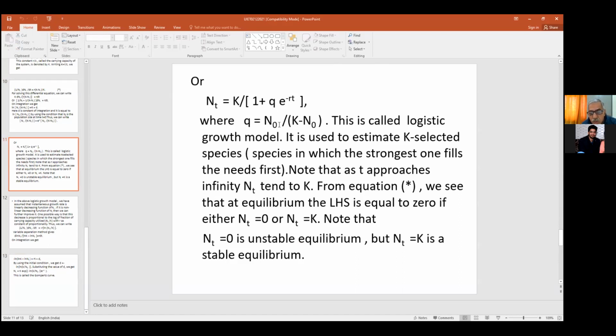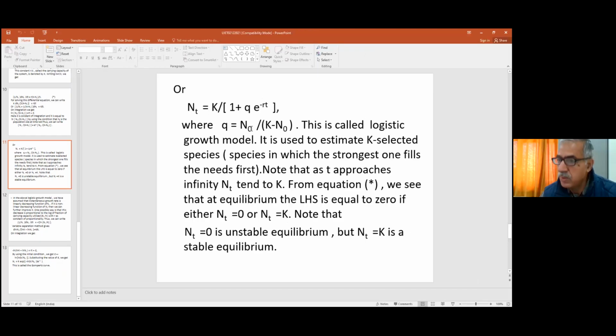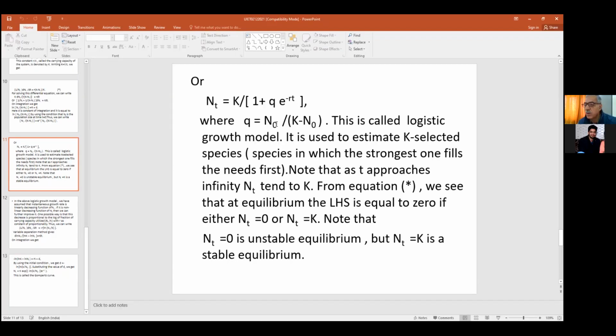Either you know the initial time point population size, that your starting year is N0, then N1, N2, N3, N4, N5 that you have to determine. Let us say the population size in 2015 is N0, in 16 is N1, then 17, 18, 19, 20. So these 6 values I have, right? There are different methods.